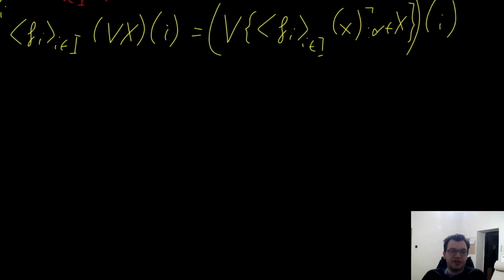Now what's on the left hand side? Apply the tupled function on some point, and then let's see the ith coordinate. This is by definition of the tuple. This is just the fi of the supremum of X. That was the definition of tupling, how to compute tupling.